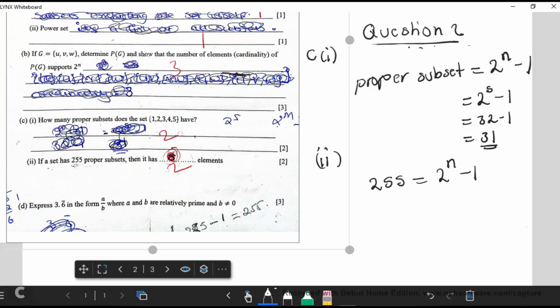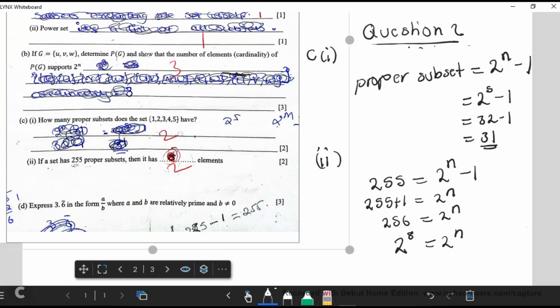So what I'm supposed to do is calculate the value of n. So it will be 255 plus 1 is equal to 2 to the power n. What's the answer there? It will be 256. We have to make the bases the same. So it's supposed to be 2 to the power 8 to give us 256, such that it will be 2 to the n.